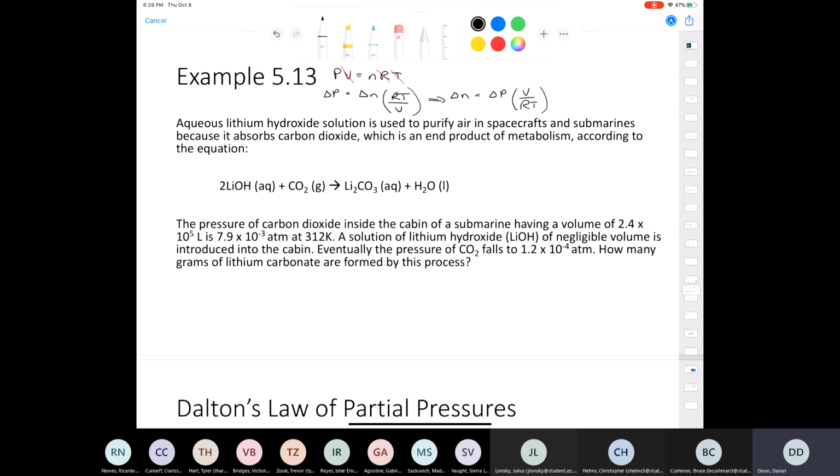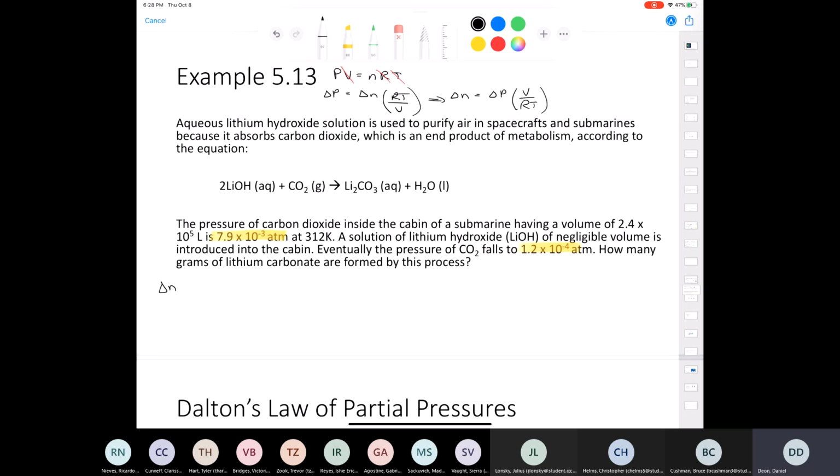That's really what I wanted to get to. Okay, so we can use this change in pressure, the decrease from here to here, to help us figure out the number of moles of carbon dioxide that's consumed. Let me show you how to do that.